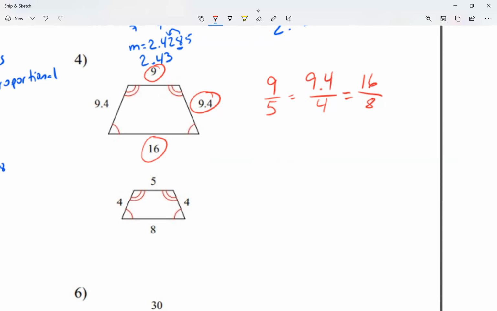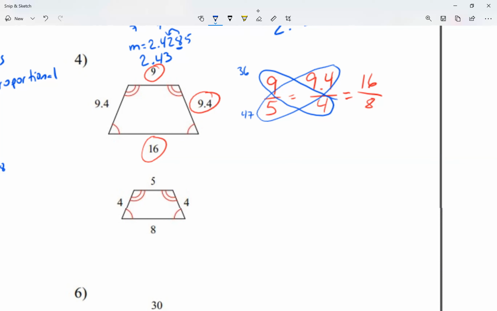I could simplify, but let me cross multiply and check the first two fractions to see if they are proportional. 9 times 4 is 36. 9.4 times 5 is 47. These are not proportional. I didn't get the same thing.